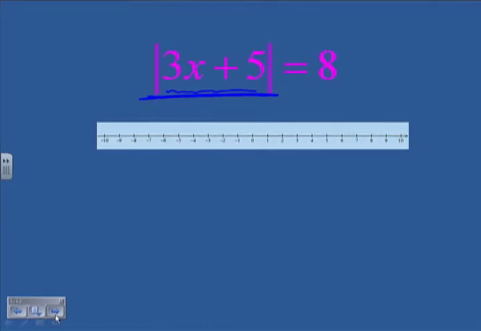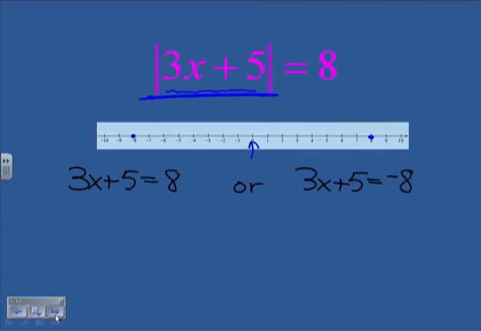Because those are the two numbers that happen to be exactly 8 units away from 0. So here's what I can say: 3x plus 5 equals 8, or, these aren't happening simultaneously, 3x plus 5 equals negative 8.